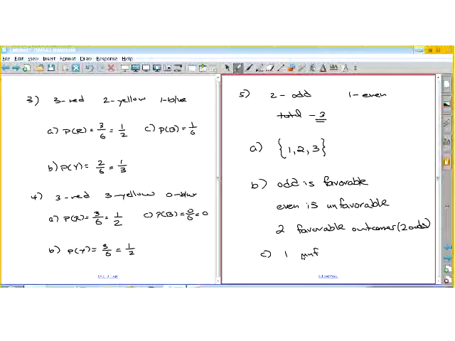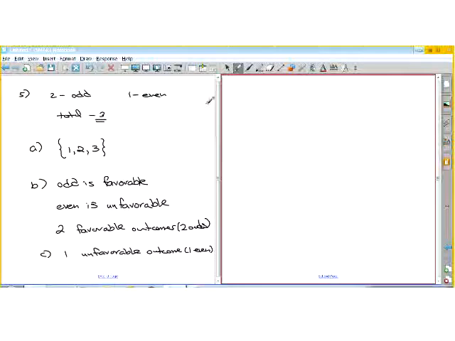So we have 1 unfavorable, and the unfavorable one is the 1 even occurrence. Total possible number of outcomes. Well, these are our total possible number of outcomes. So we have 3 possible outcomes.